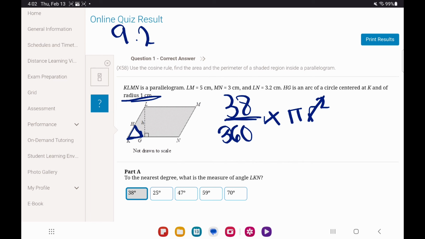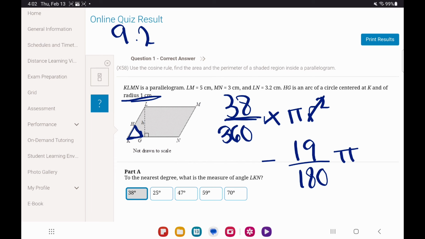So we do on our calculators 38 over 360 pi. You get 19 over 180 pi, okay? We can keep it in pi, okay? 19 over 180 pi.